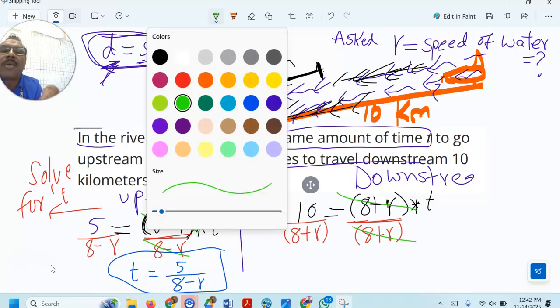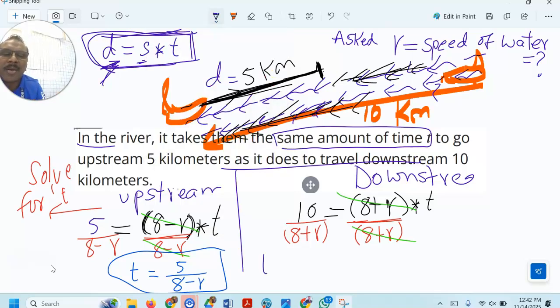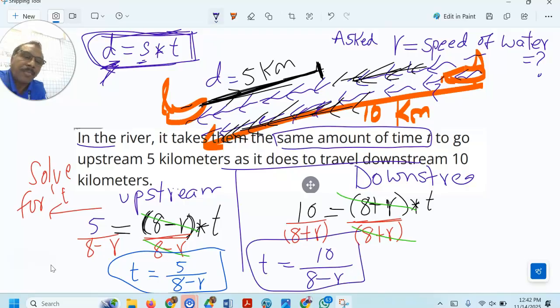So solving for t, we get the second expression: t equals 10 divided by 8 plus r. So these two equations are functions of time for speed. The time depends on the speed.